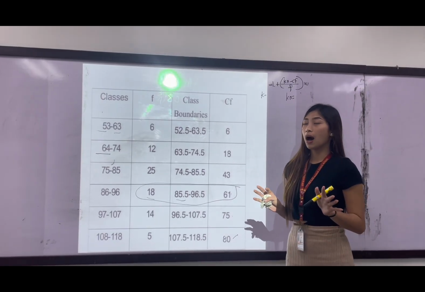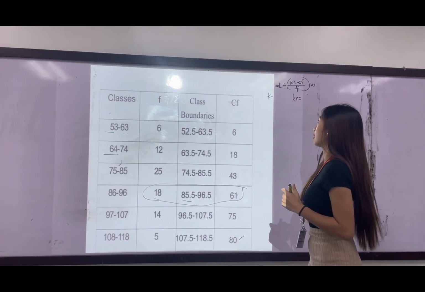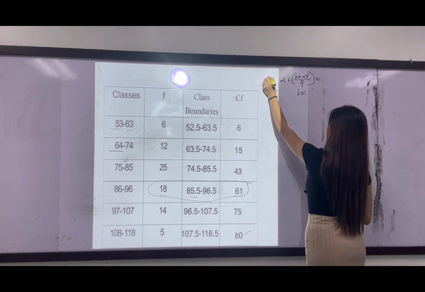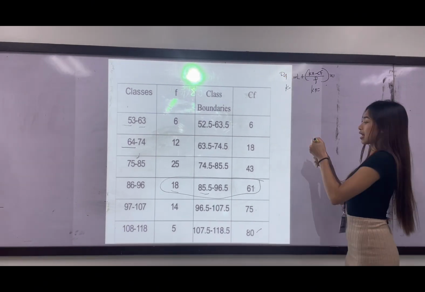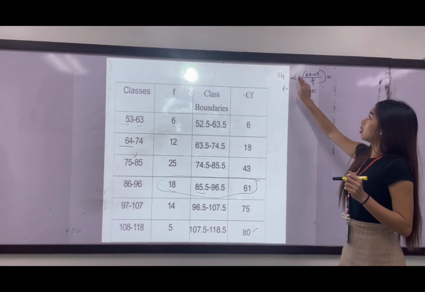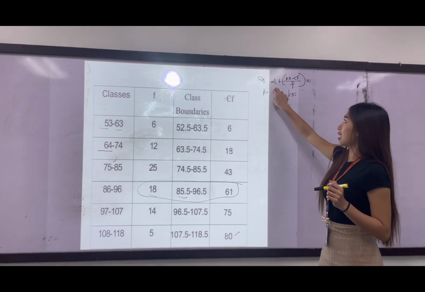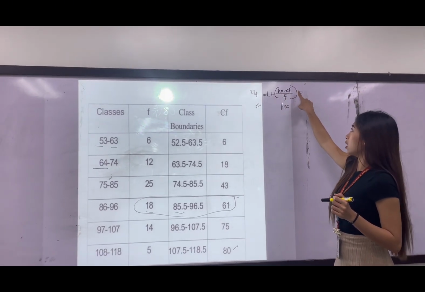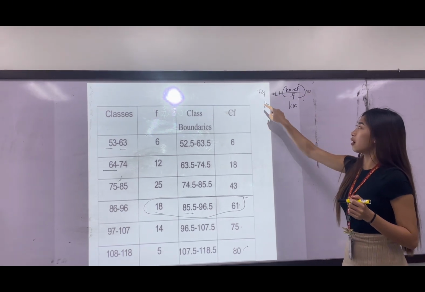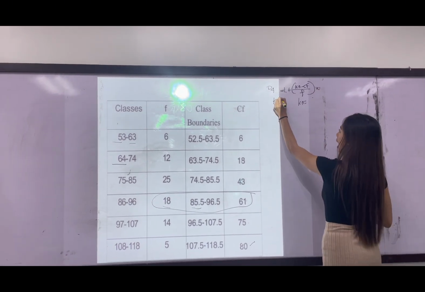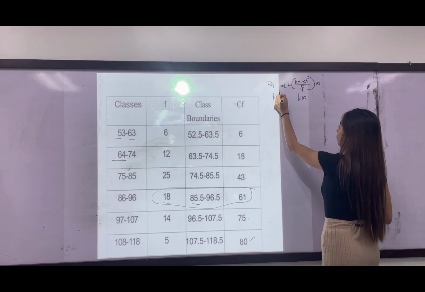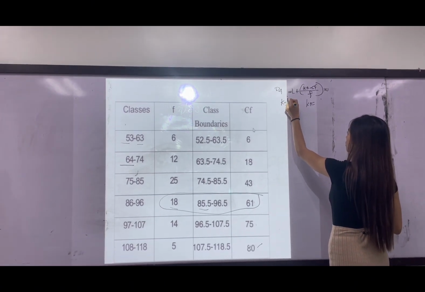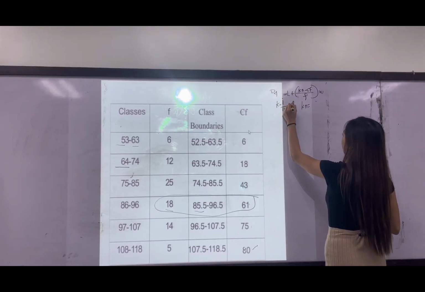Now we're going to find decile 4. Same as before, the lower boundary of the class plus kn minus CF over the frequency times the width. The k for deciles is i over 10, so it becomes 4 over 10.